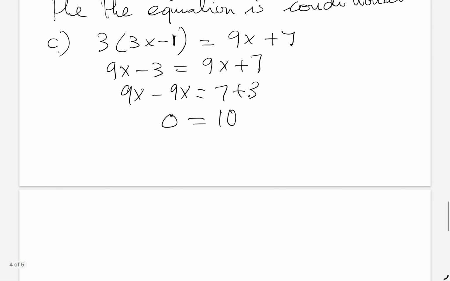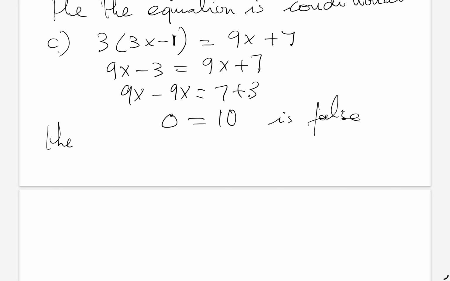And then the equation is a contradiction, and the statement is false, and we reach a contradiction. Of course 0 cannot be equal to 10, which is false.